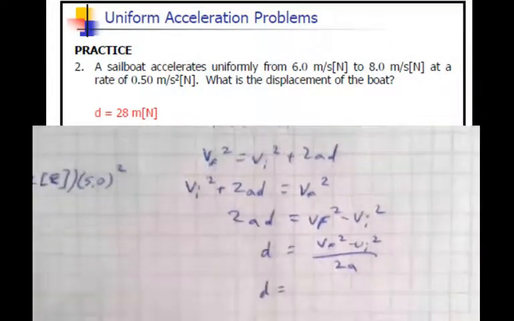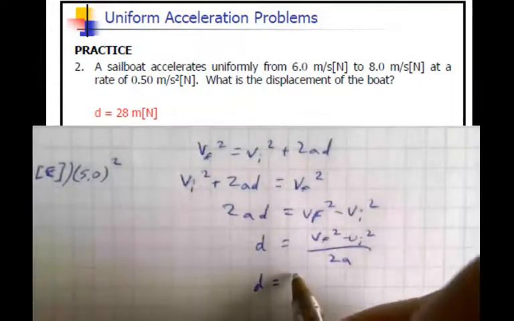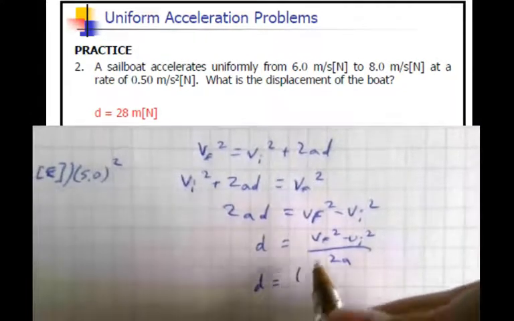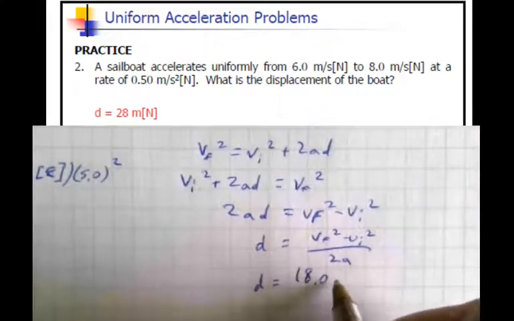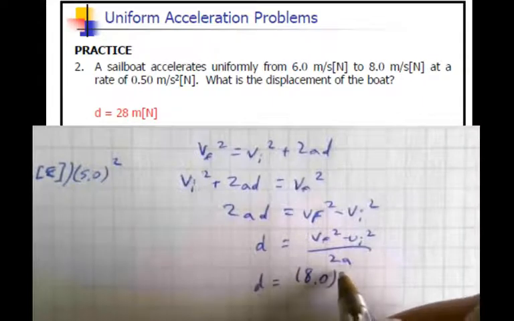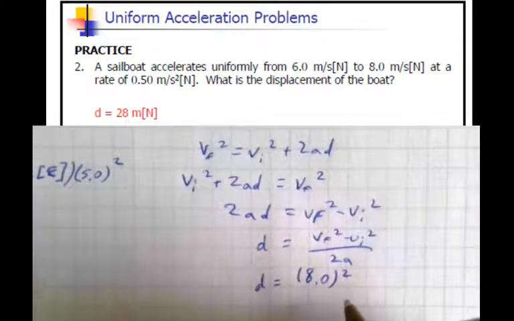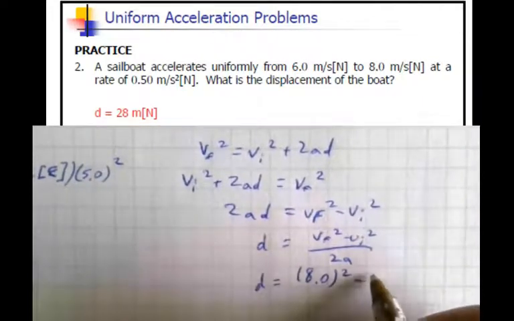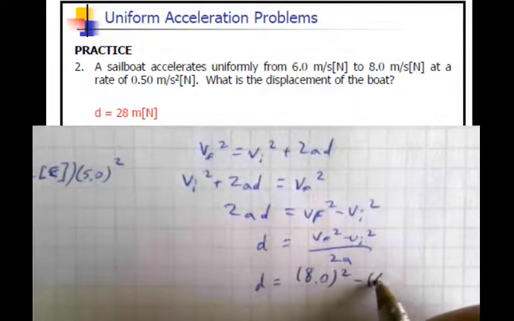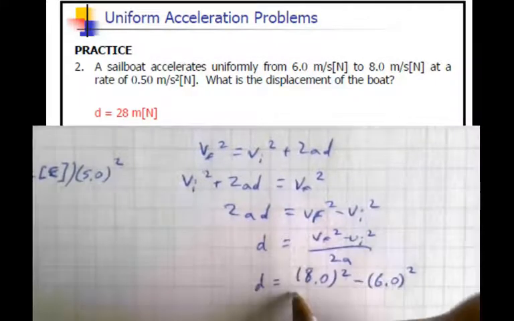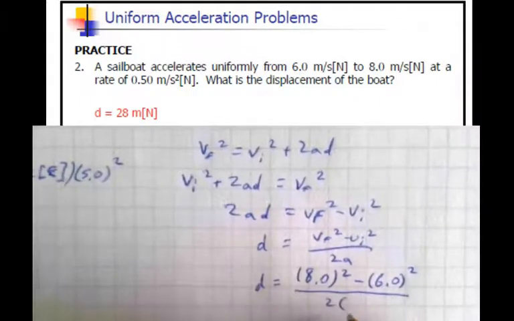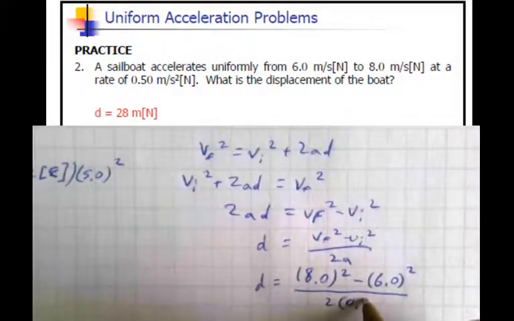D equals, VF in this case is 8.0. I'm going to drop the N because they're all facing the north direction. VI is 6. I have 2, and then I have my A, which is 0.50.